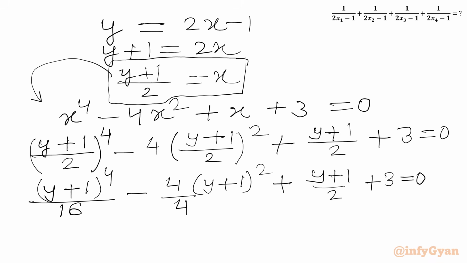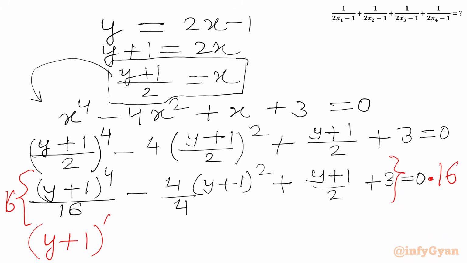Now to get rid of denominators, we need to multiply both sides by 16. So let's multiply by 16 on both sides. This side also we will multiply by 16. And we will get our equation y plus 1 whole power 4. This 4 and 4 will be over.